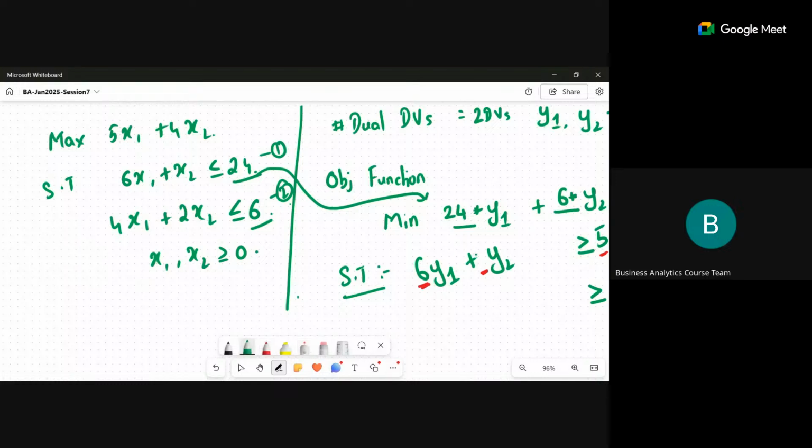It's not 1y2, it is 4y2. Okay, where does the 6, where does the 4, and where does the 5 come from?